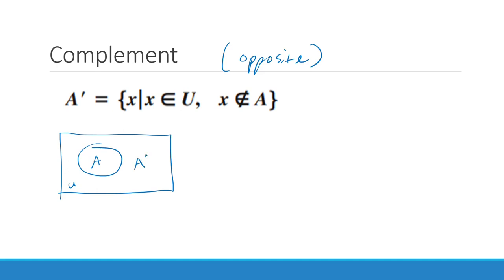A complement is everything that is in our universe but not in A. So it's the opposite. A is here, and outside of that is our complement, A complement. Sometimes we also pronounce this as A prime.